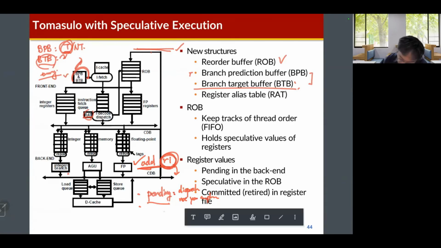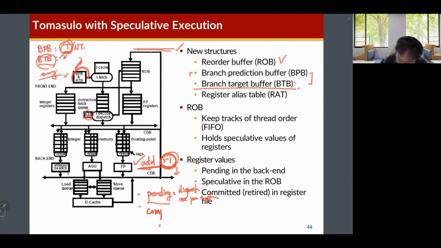Another state is completed. Which means that the instruction is completed, but not yet committed. This is the completed state. And then the last state is committed, which means the data is updated to the register file.